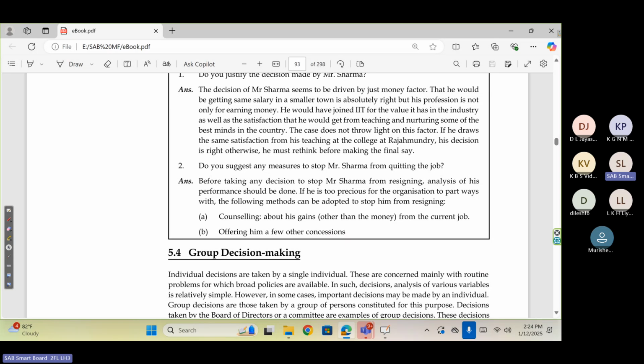But for that to happen, these options should be provided. One is to have counseling, using a counselor to explain the different benefits of the current job at the institution to Sharma. Then offer some other additional benefits. Money cannot be increased beyond the UGC's recommendations, so internally the institution should provide some other benefits to retain him.